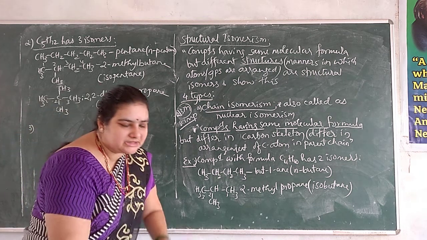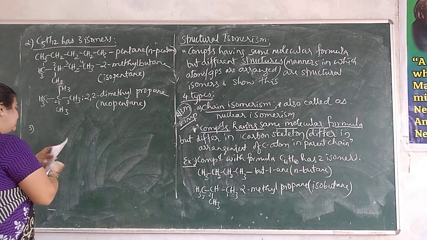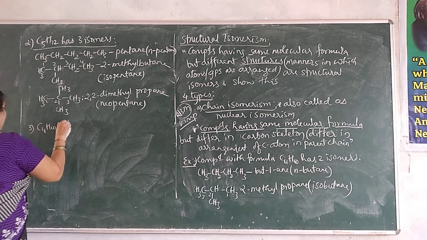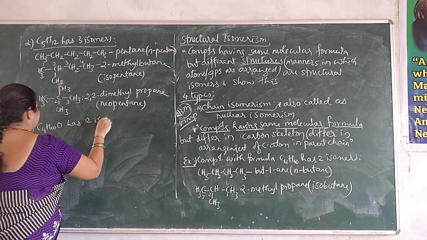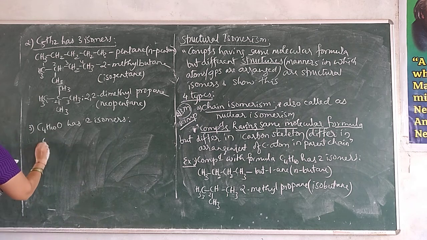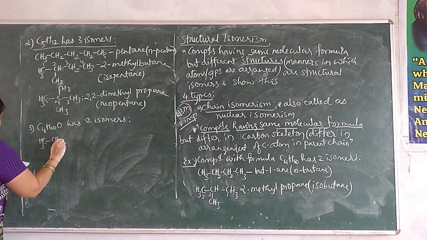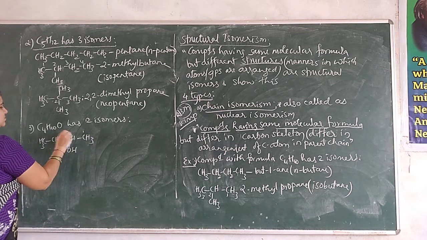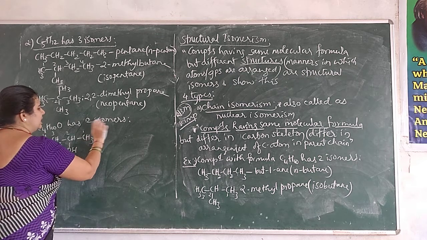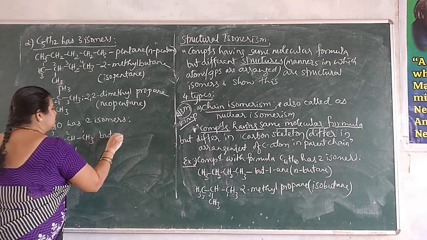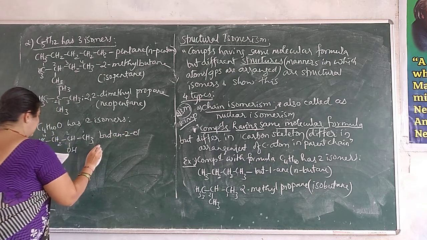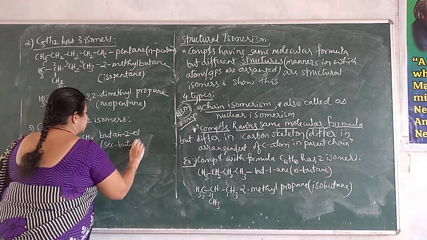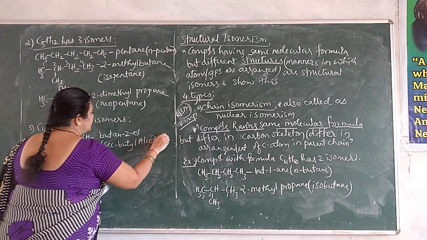Okay, so next, the third example in chain isomerism. Another example I will give here: C4H10O. C4H10O has two isomers. CH3, CH2, CHOH, CH3. So this is 1, 2, 3, 4: butan-2-ol, or secondary butyl alcohol, which is the common name of our compound.